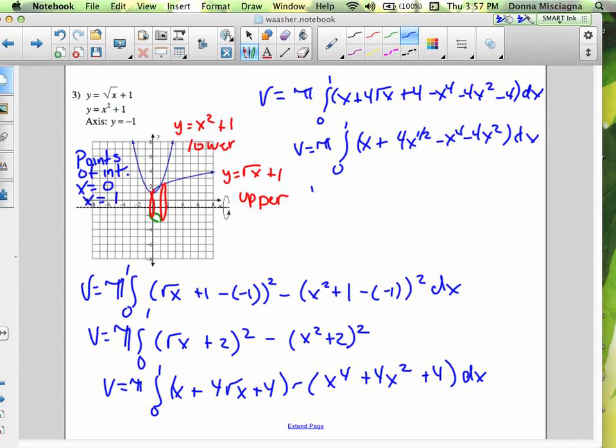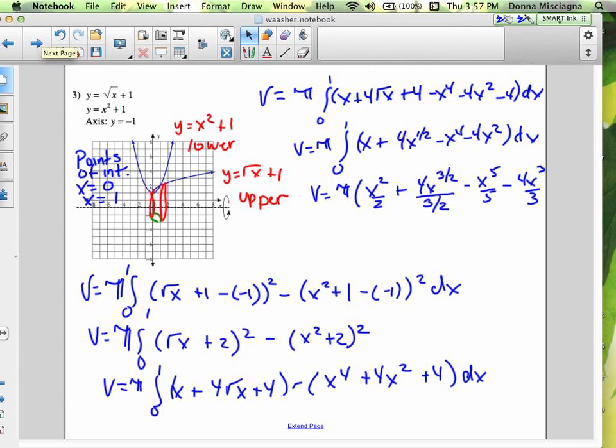So we integrate, and our volume is pi times x squared divided by 2 plus, that'd be the 3/2, so 4x to the 3/2 divided by 3/2, and then minus x to the 5th divided by 5 minus 4x cubed divided by 3.